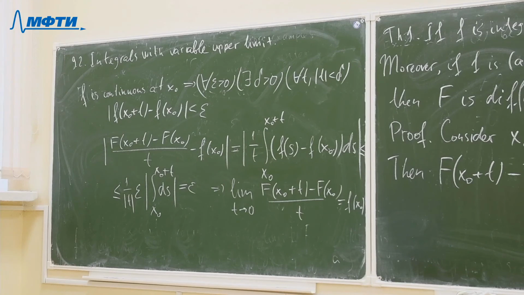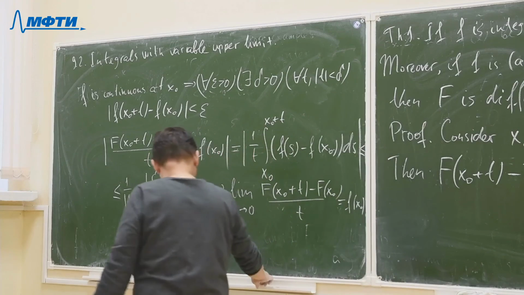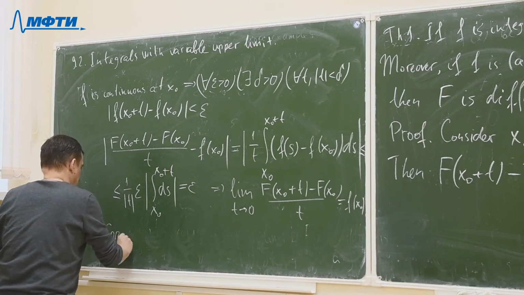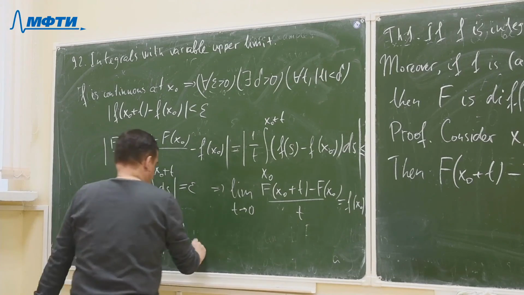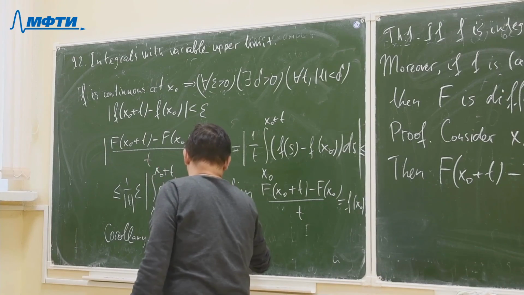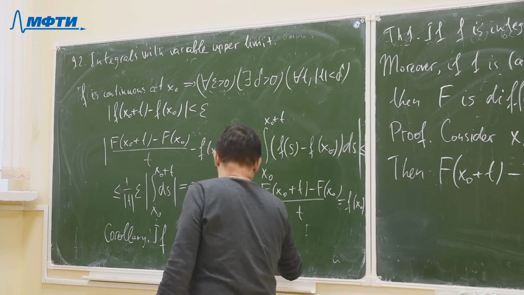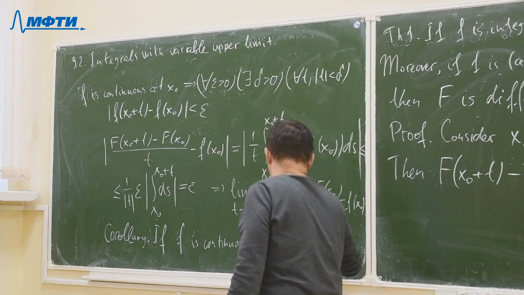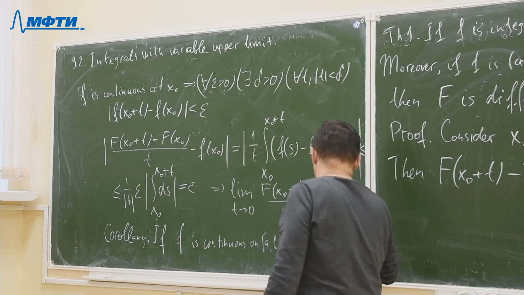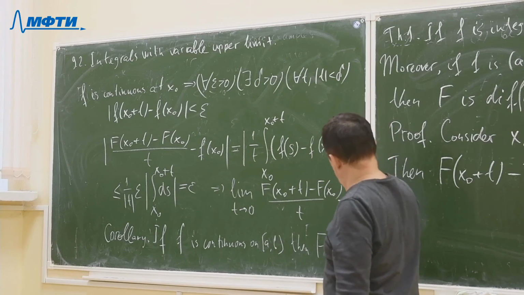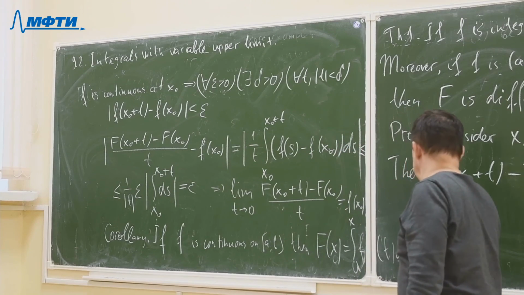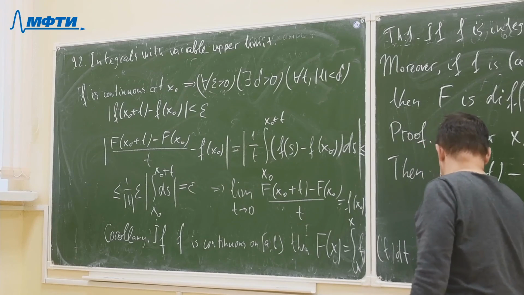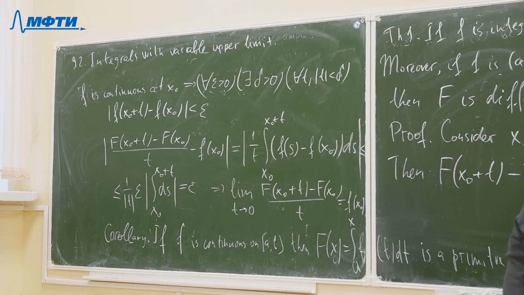How? Corollary. If f is continuous on AB, then capital F of x, which is just the integral with varying upper limit, is a primitive for little f on AB.